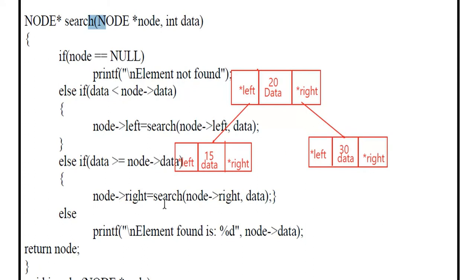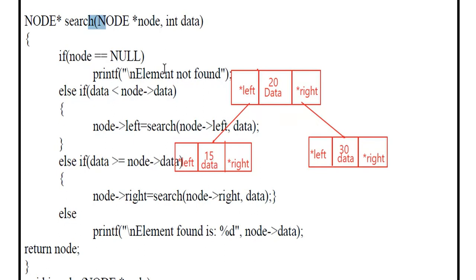So we call search recursively by passing node->right as the starting address and the data to be searched. If the node is present, the element found message will be printed. If not, the element is not present.